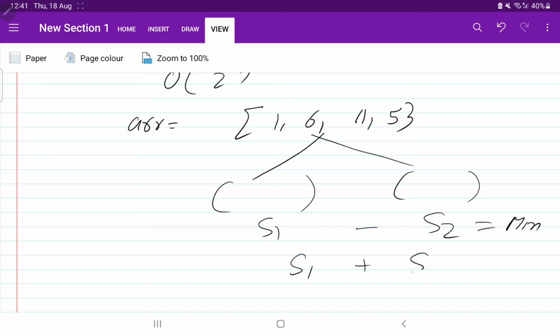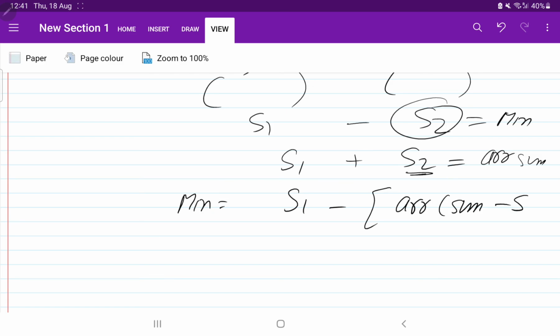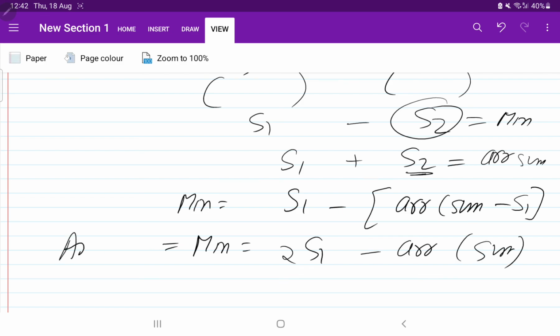Then we got to know that the sum of the two subsets will be the array sum. Then we replaced S2, so the minimum will be equal to S1 minus S2, where S2 is array sum minus S1. So the minimum will be equal to 2 times S1 minus array sum. This is our final solution.